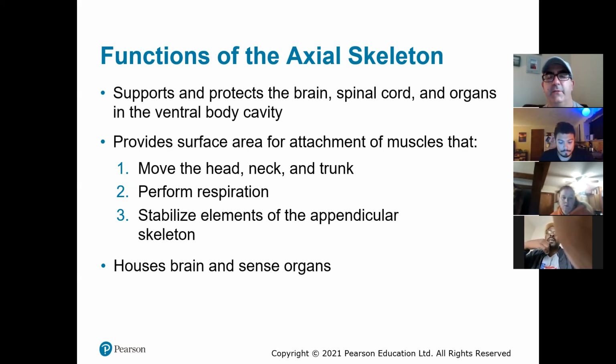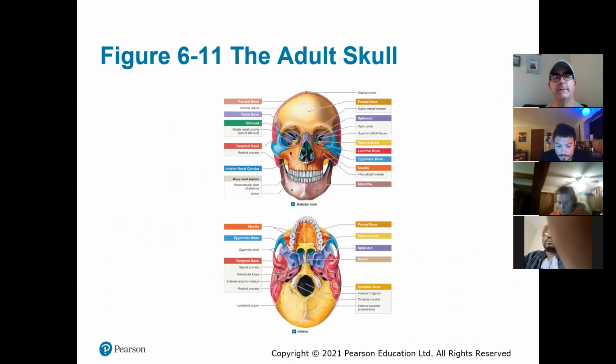They also provide a place for the attachment of muscles so that you can move your head and your neck, and muscles so that you can move your chest, you can breathe, right? This helps to stabilize your appendages. We're not talking about actually attaching any of the appendages to the body, but it does stabilize them. So again, your skull houses your brain and your sensory organs.